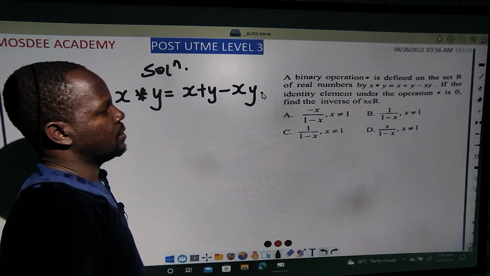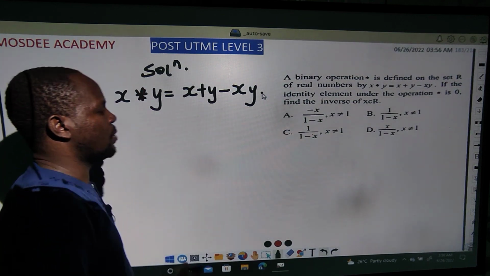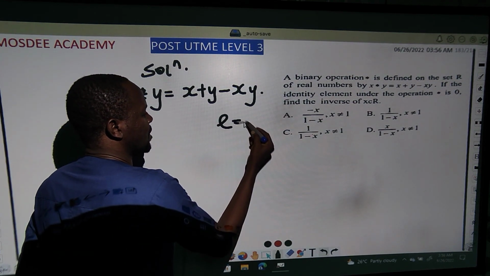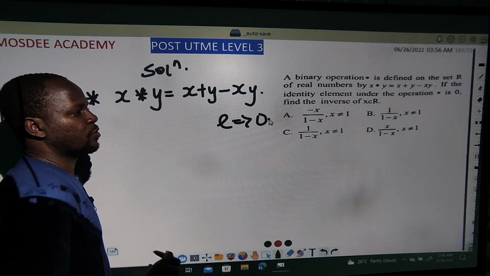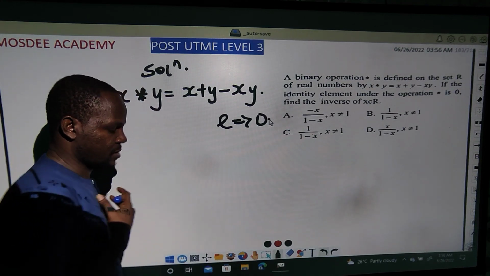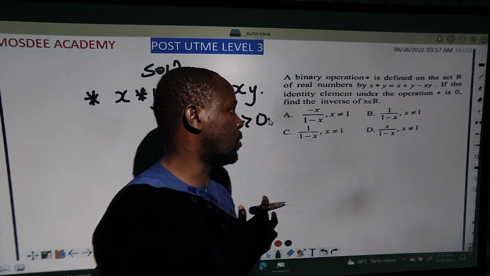If the identity under the operation is 0, identity is written as e equals 0. We are to find the inverse of x in the set of real numbers. We are looking for the inverse.